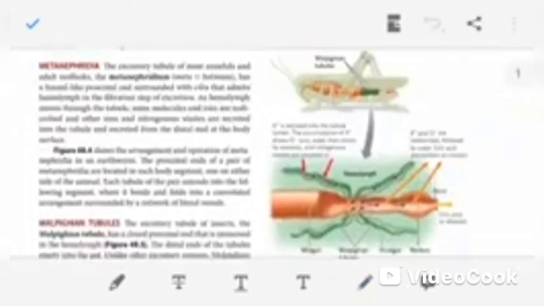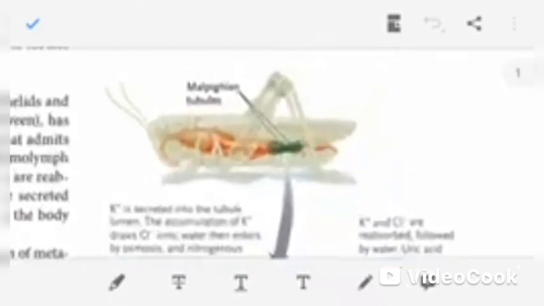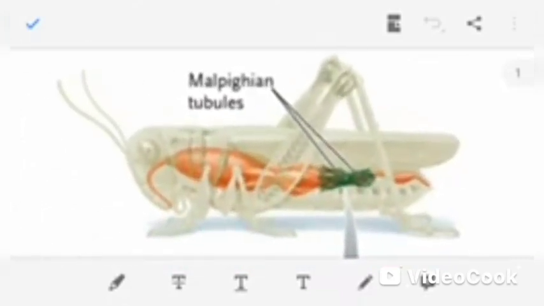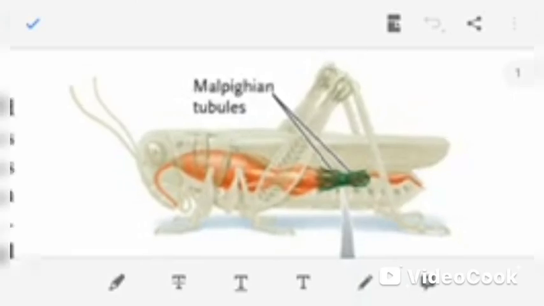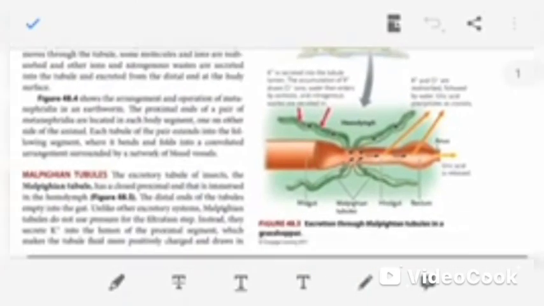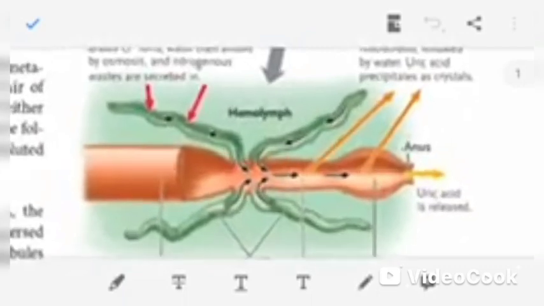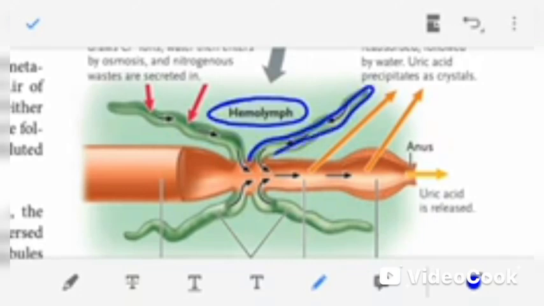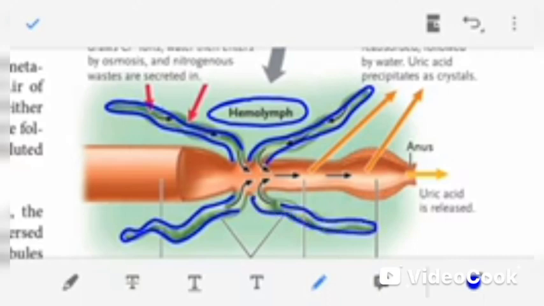So here, see, the insect body is shown. All the Malpighian tubules. This is the hemolymph they are showing, and these are all Malpighian tubules.